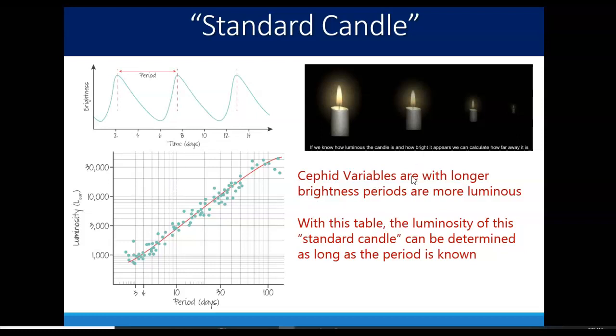What we can see is basically the longer the period, the more the relative luminosity is. So we would just look at a star, measure at what time it's at its peak brightness, and then wait until it's at its peak brightness again, and that time in between is the period.